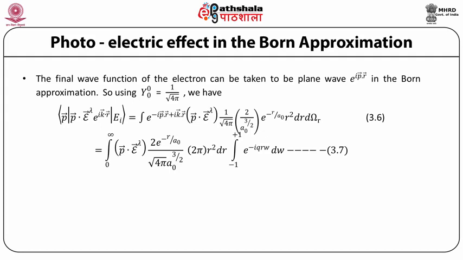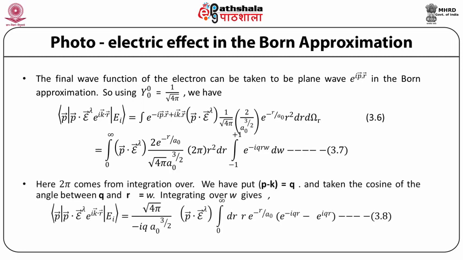This gives us an integral of dr from 0 to infinity of p·ε 2 e^{-r/a₀} divided by √(4π) a₀^{3/2} times 2π r² dr, and an integral over dω of e^{-iqrω} going from -1 to +1, where ω is the notation for cosine θ. Here 2π comes from integration over the φ angle.